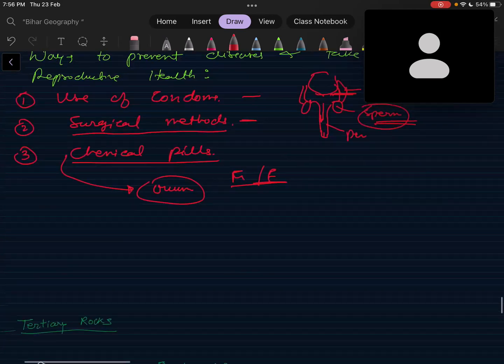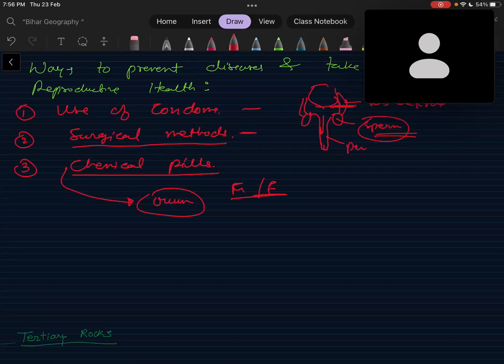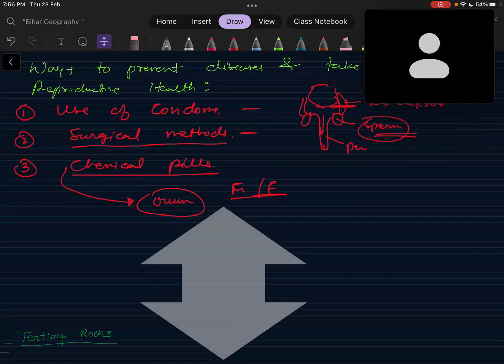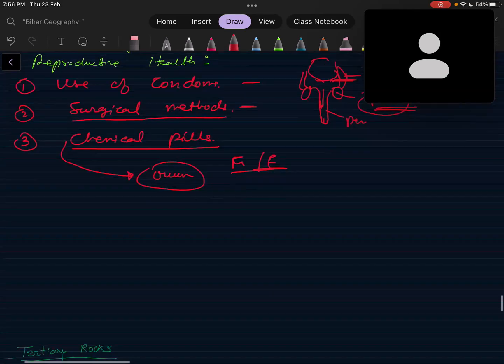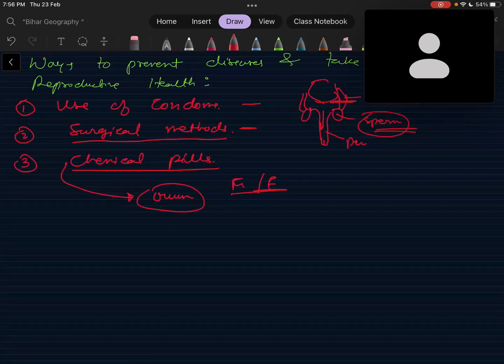So these were the methods to prevent reproduction. Sir, I got two, but the first one I'm just not clear on. The use of condoms, sir. Yes. So condoms are usually worn over the reproductive organ so that it prevents the contact of the sperm and the ovum.